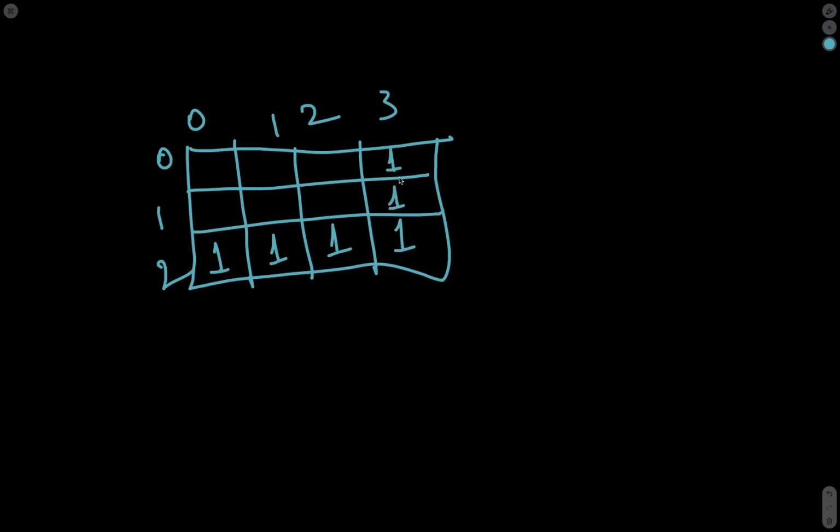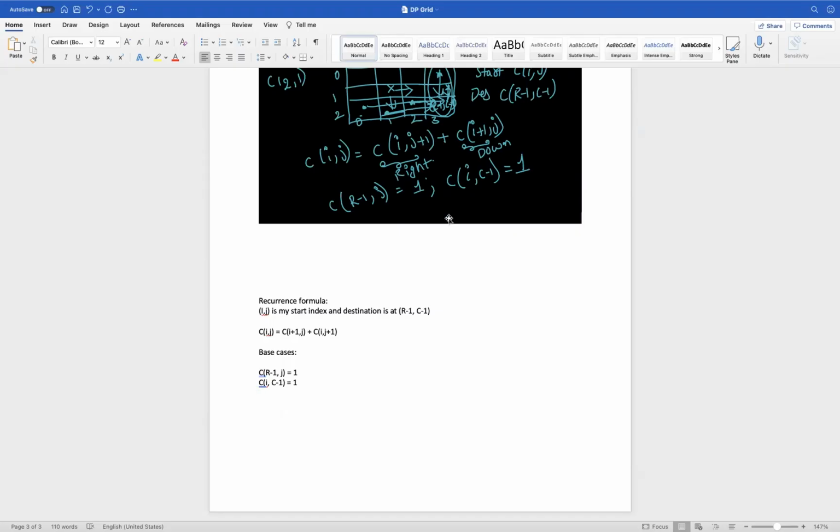And definitely, I made this recurrence formula assuming that i comma j is my start index. If this is the case, we can say our answer lies at C of 0 comma 0, because I'm replacing i comma j with 0 comma 0.